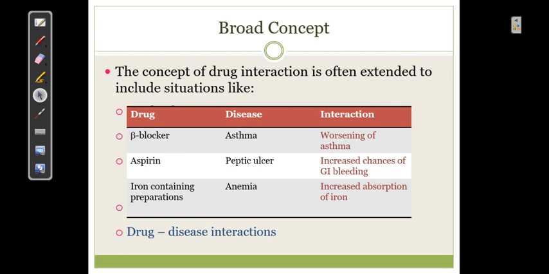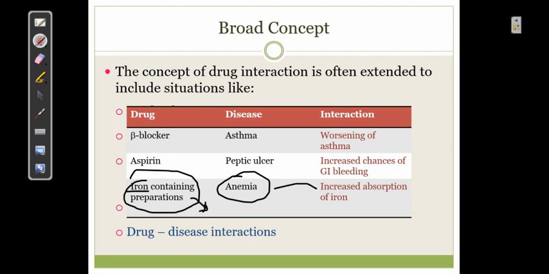For example, anemia. Normally if you give an iron containing preparation, many iron salts have a problem of solubility, and nowadays you normally recommend soluble types of iron salts, but still the absorption of iron is erratic and low. So if iron containing preparations are given to a normal person, the absorption is low, but if the same preparation is given to a patient of anemia, you will see an increased absorption of iron.